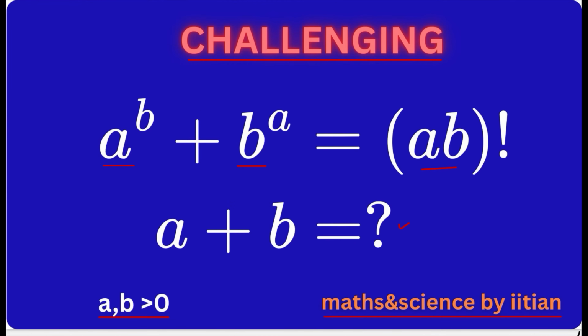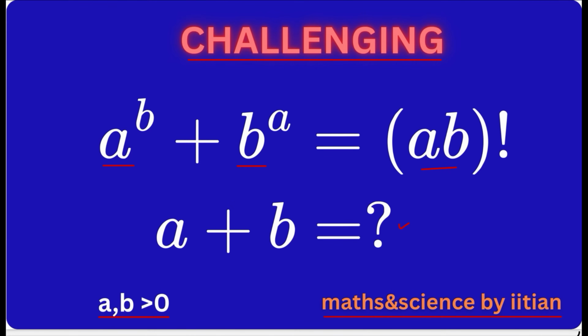Now, it's a very good example to find out whether any integers will be available. If integers are not available, then are there any factors or any rational numbers available for a and b?